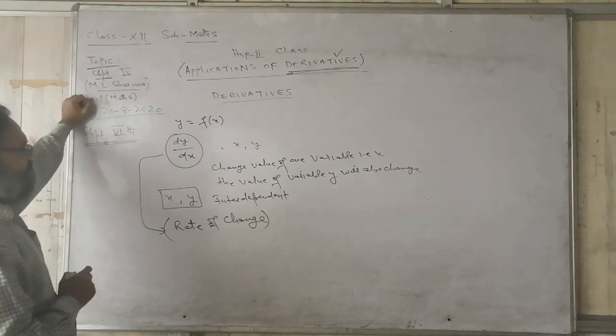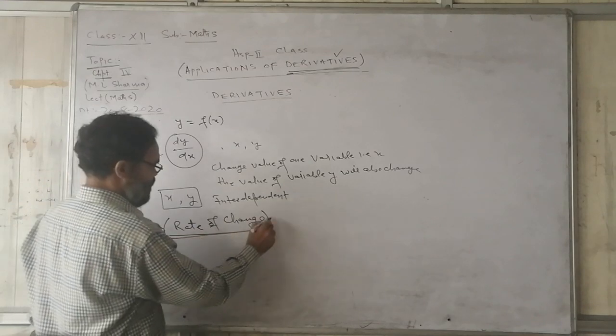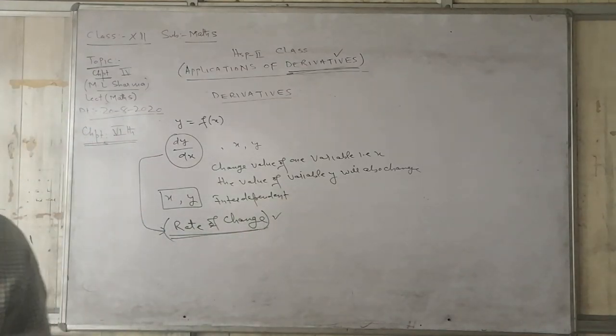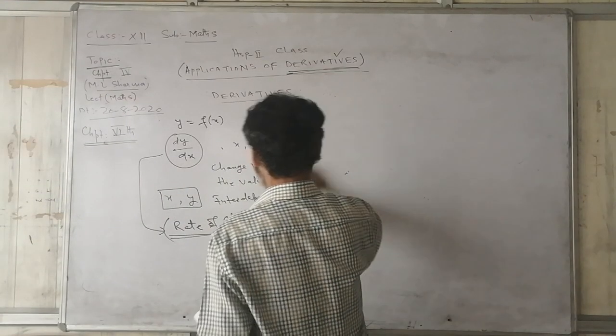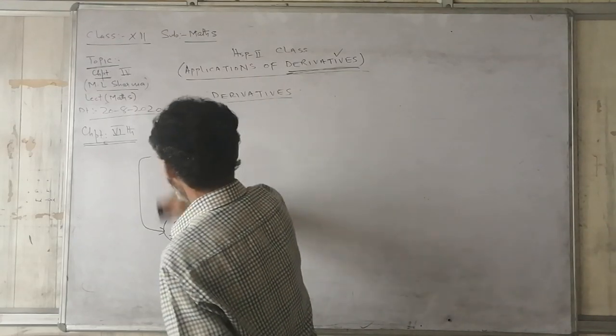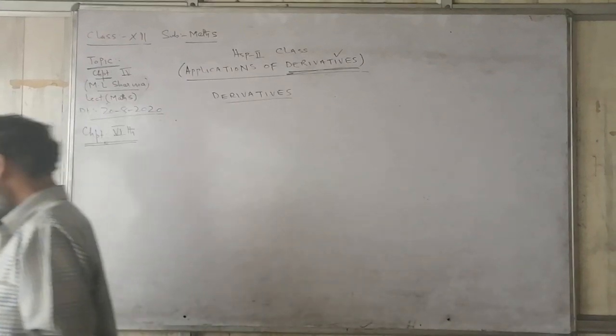Now in first exercise, which is the derivative as rate of change, what are its applications? Let us take examples from the exercise, which is 6.1. So in this exercise, the questions which we have to do are related to derivative as a rate of change.